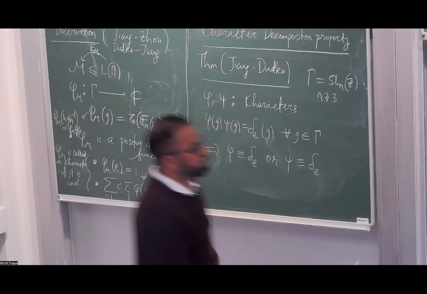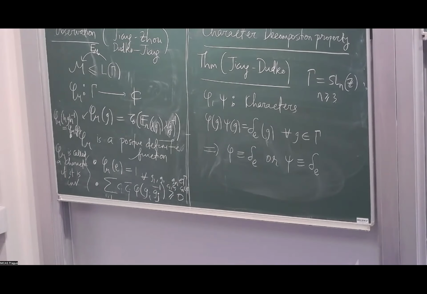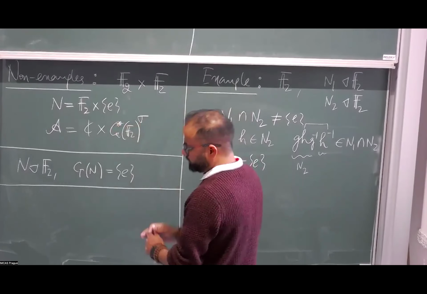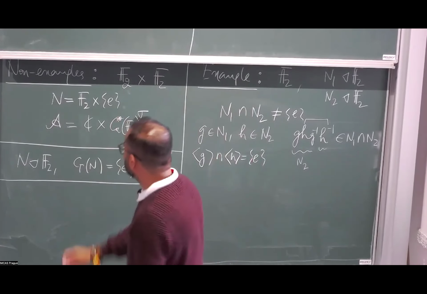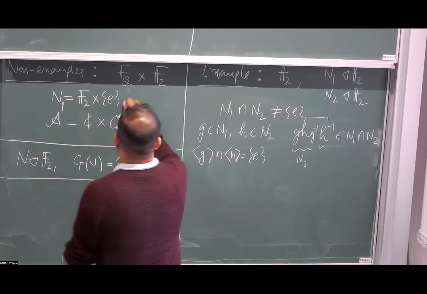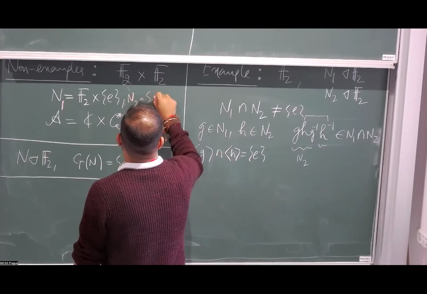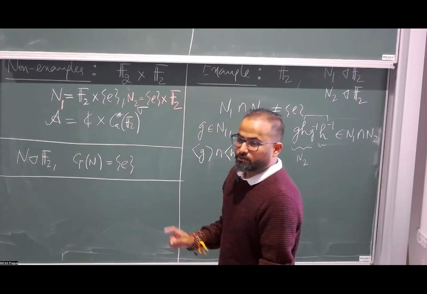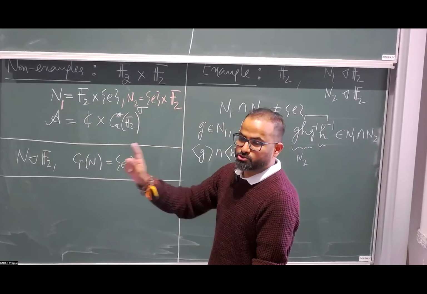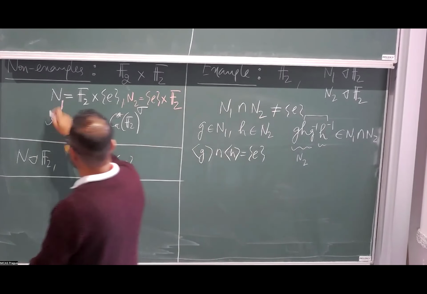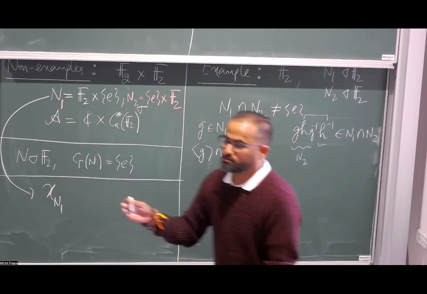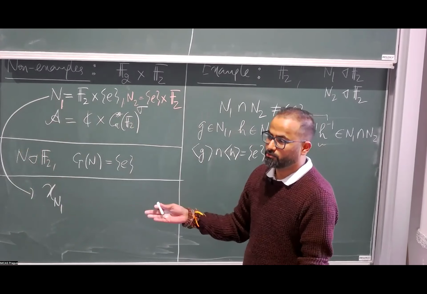So if you think about this example that I gave here, F2 times F2. So for example, if I take the other copy, so let's say this is N1, and let's take N2 to be identity times the free group. Now corresponding to these two normal subgroups, I can associate a positive definite function, chi N1, which just takes 1 if it is in N1, 0 otherwise.